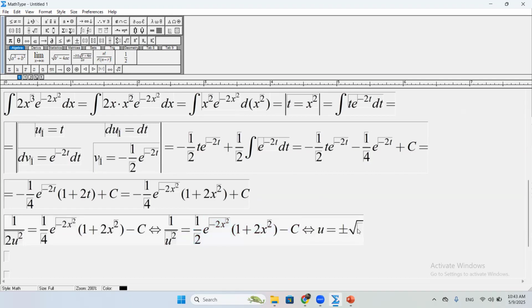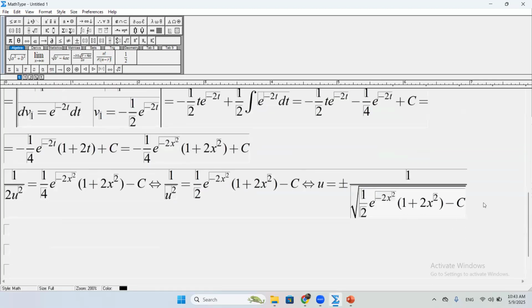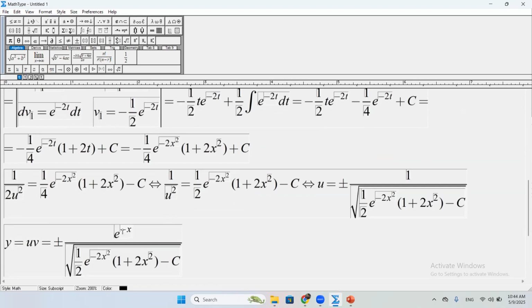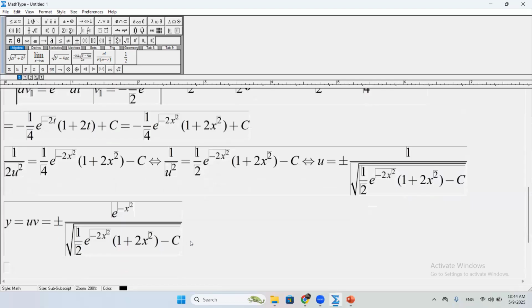And returning to y, y equals uv. So it will be equal to plus or minus this expression multiplied by e to the power of x, e to the power of minus x squared. So this is the general solution.